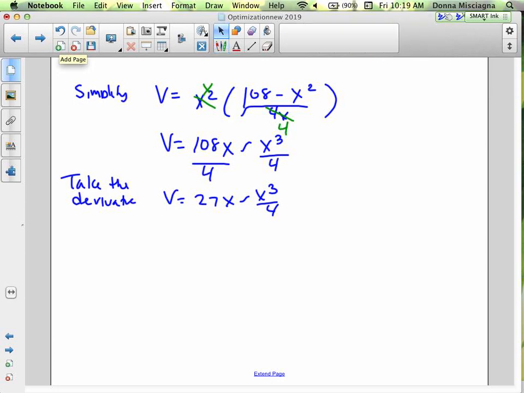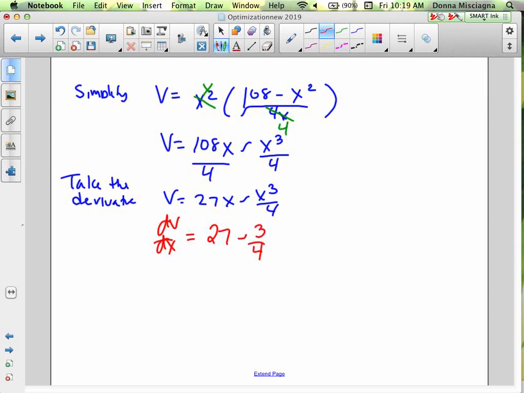So the derivative of v is going to be dv dx, just like dy dx, equals the derivative of 27x, which is 27, and the derivative of negative 1/4 x cubed is going to be negative 3/4 x squared.